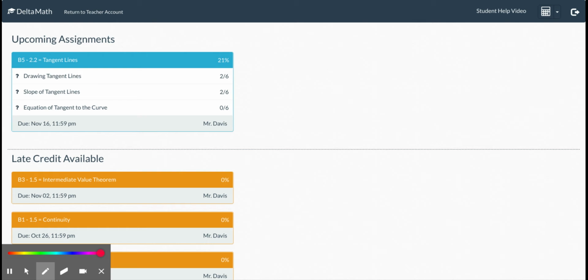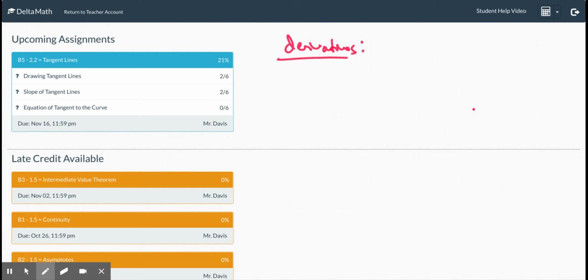All right, in this video, we're going to be continuing in section 2.2, and we're going to be talking about tangent lines. So as we've talked about in previous videos, a derivative has really a couple different definitions. When we're talking about derivatives, tons of applications, but generally a derivative is defined as an instantaneous rate of change.